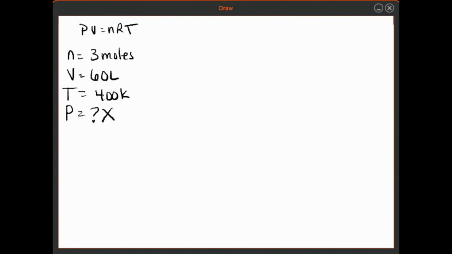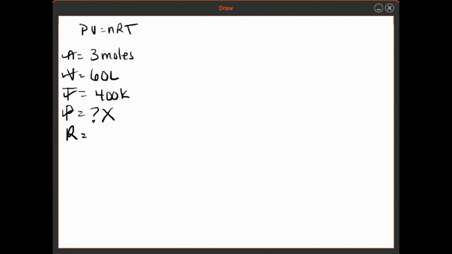Now, in order to solve problems using PV equals nRT, we have to have pressure, which is our X. We have to have volume, which we're given. We have to have moles, which we're given. We have to have R, and we have to have temperature. Now, R is something that you get to choose, and it's dependent on what units you want.